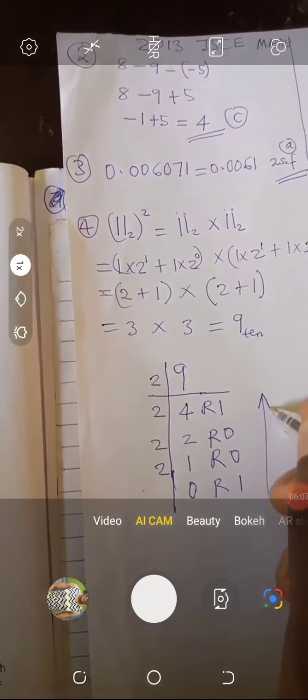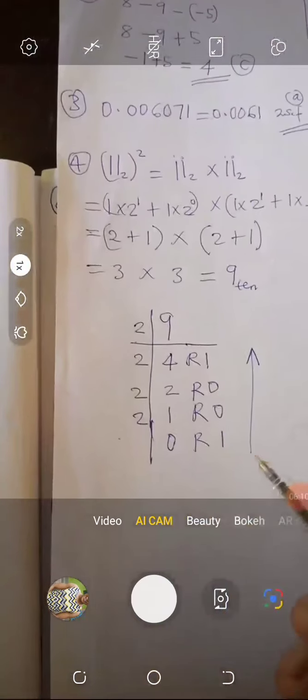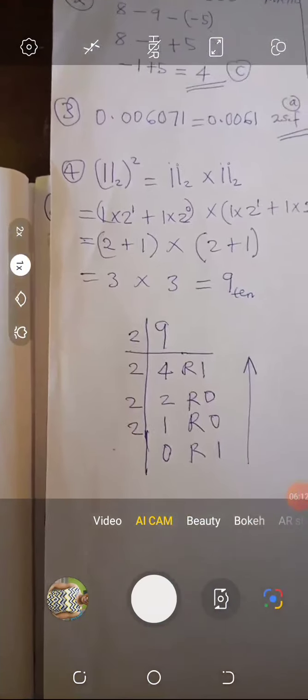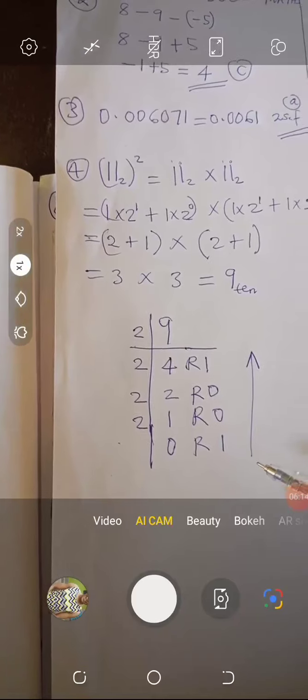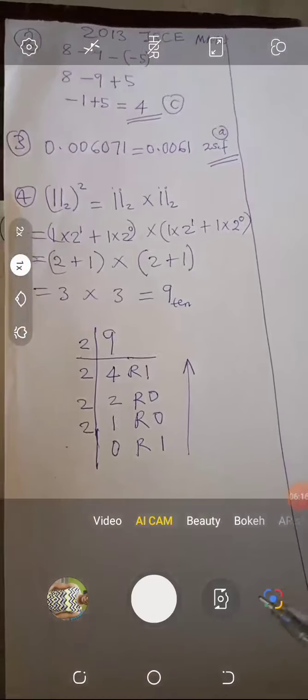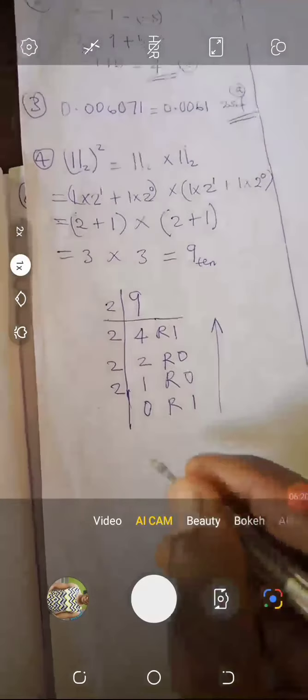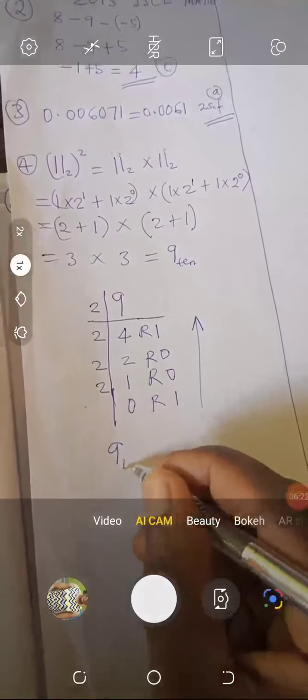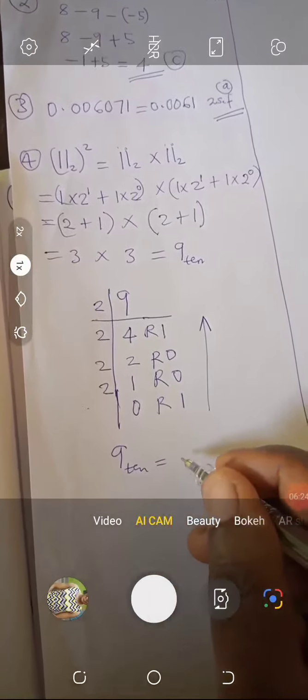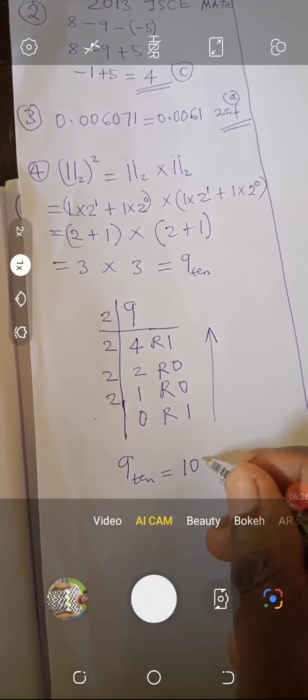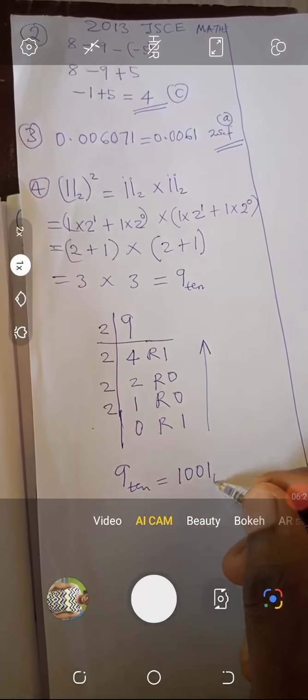We take the 1 over to this point. Then at that point, we pick the numbers from here upward. Pick the numbers from down upward. By the time we pick those numbers from down upward, I'm sure we are going to get a reasonable number. So you can see that 9 base 10 is now equal to 1001 base 2.